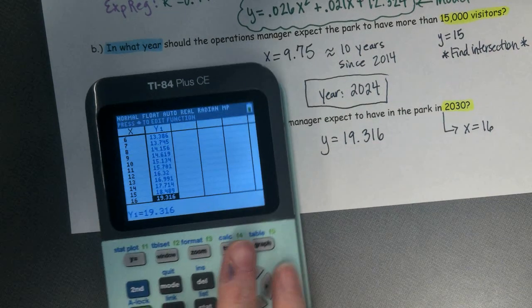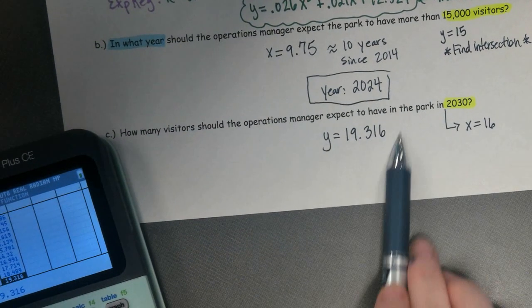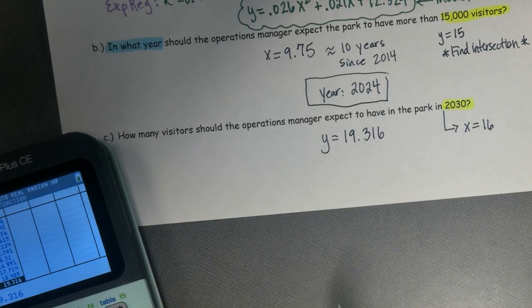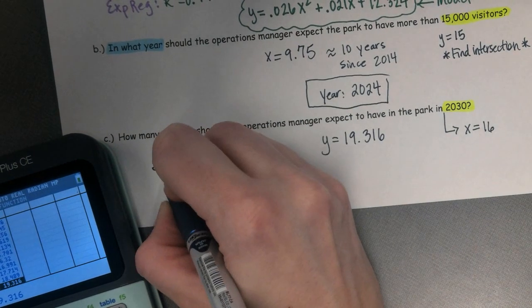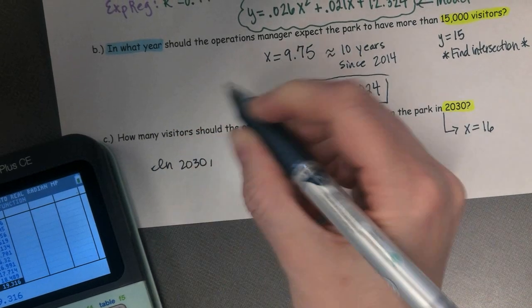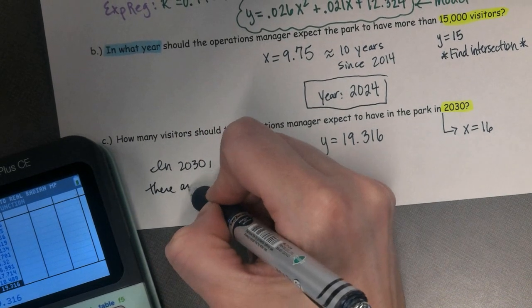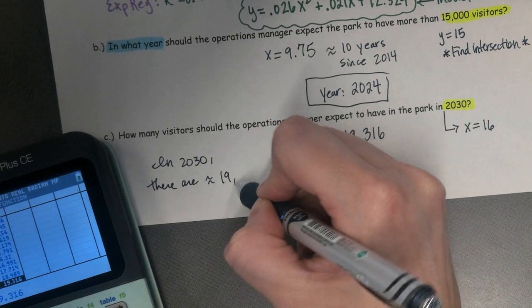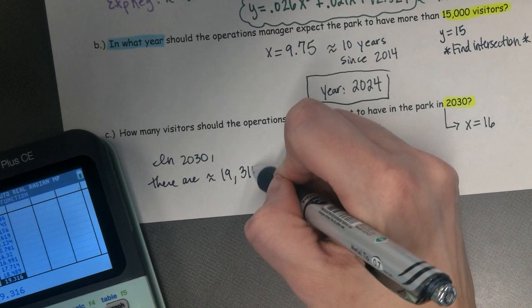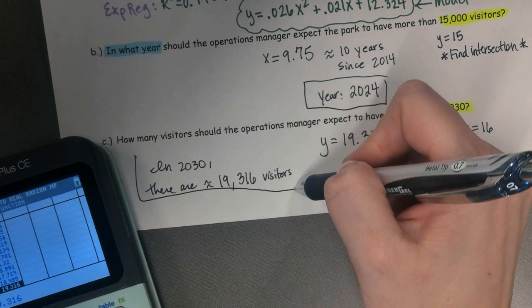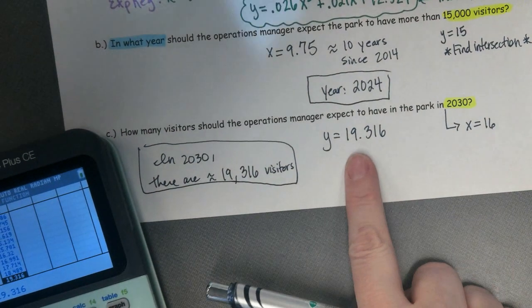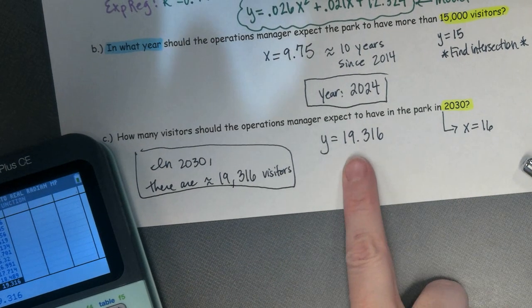So Y is 19.316. So remember, how many visitors is this? 19,000. Yep. So in 2030, there are about 19,316 visitors. Okay, do not just say that there's about 19 visitors.